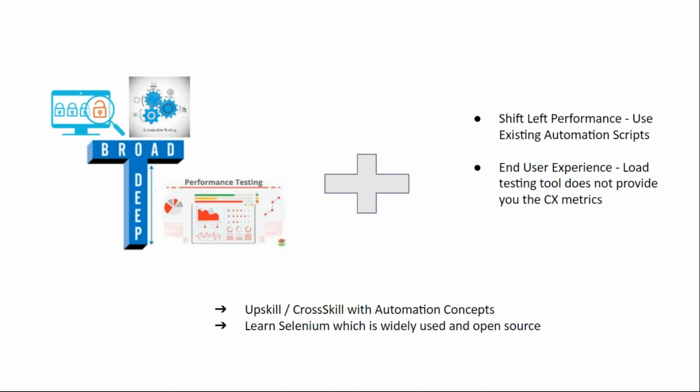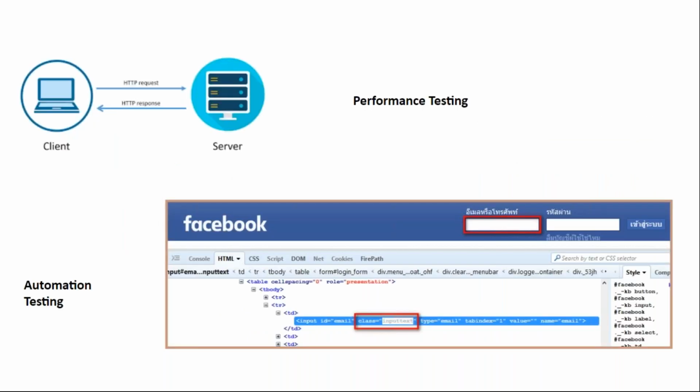And automation testing, of course, is very much needed in every project. We think that for a performance tester, it is very important to learn certain aspects of automation testing, and that is what we are trying to bring as part of this course. Okay.